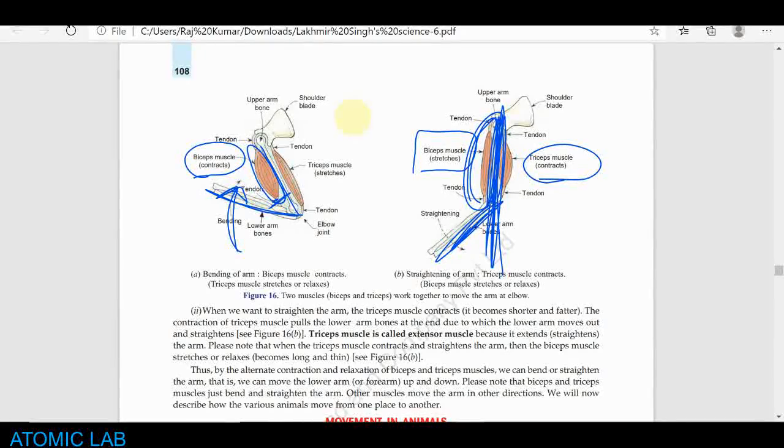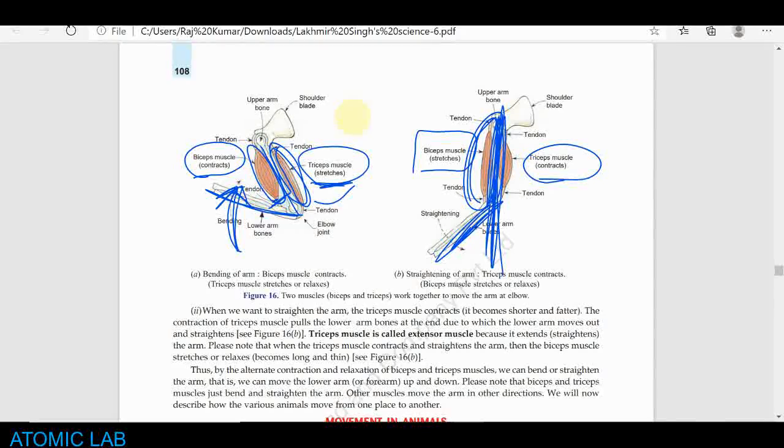During the same time, the triceps muscle on the lower side gets stretched, meaning it relaxes. It will not exert any force during the bending of the arm.